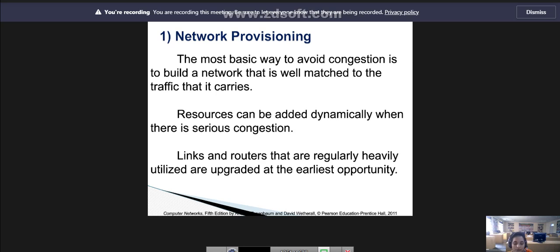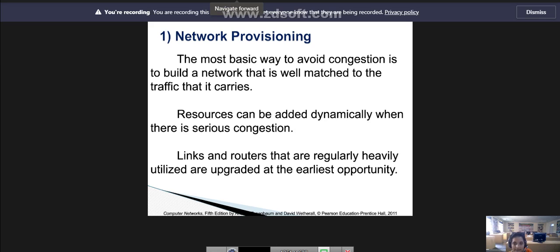Sometimes resources can be added dynamically when there is serious congestion, for example turning on spare routers or enabling lines that are normally used only as backups. Links and routers that are regularly heavily utilized are upgraded at the earliest opportunity. So this is called provisioning.